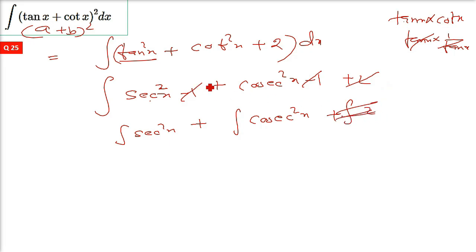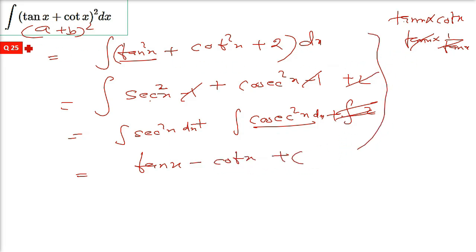Integration of sec square x is a standard result. Integration of cosec square x is a standard result. Okay, this integration is quite easy now. Sec square x integration is simply tan x because the differentiation of tan x is sec square x. Again, integration of cosec square x is minus cot x because cot x differentiation is minus cosec square x.